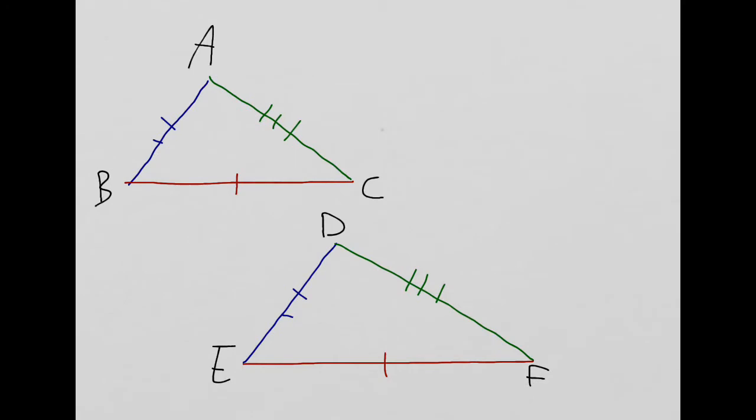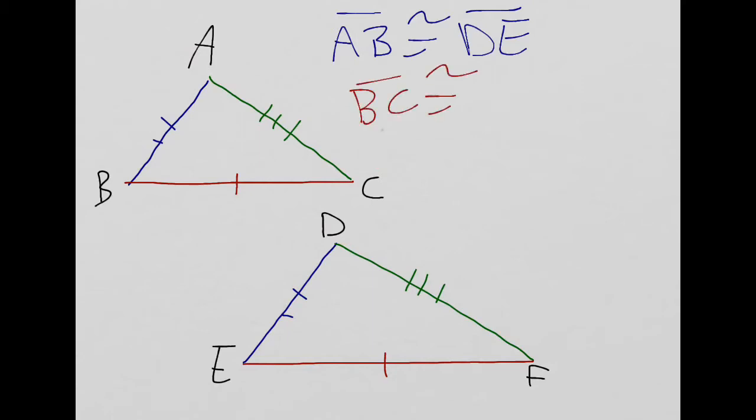Let's consider triangle ABC and DEF here. So from the diagram, I can take the information that AB is congruent to DE because of their markings here that tell me that they're congruent. I can also conclude that BC is congruent to EF, again because of their markings.